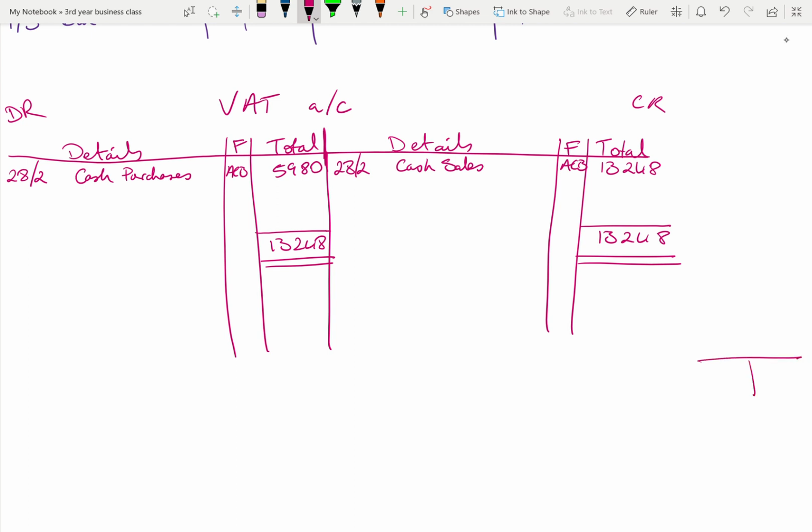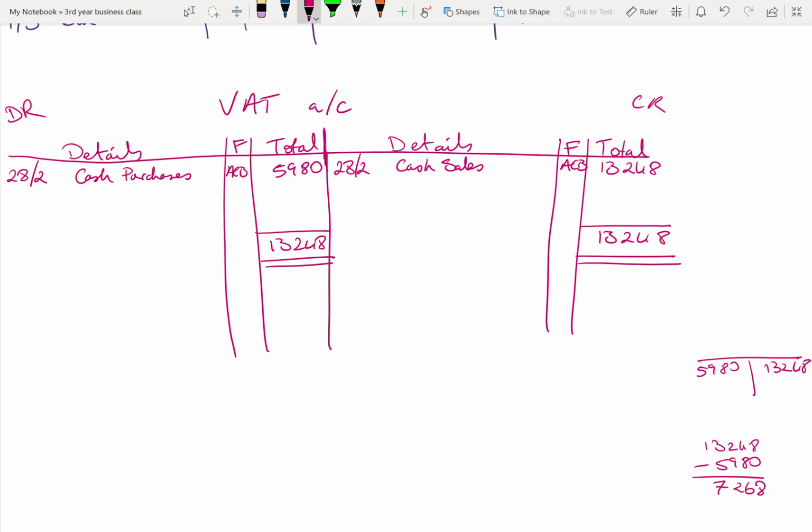And that's just a simple transaction. So we'll do a quick T account in the corner, 13248, 5980. So 13248 minus 5980 is going to give me 7268.